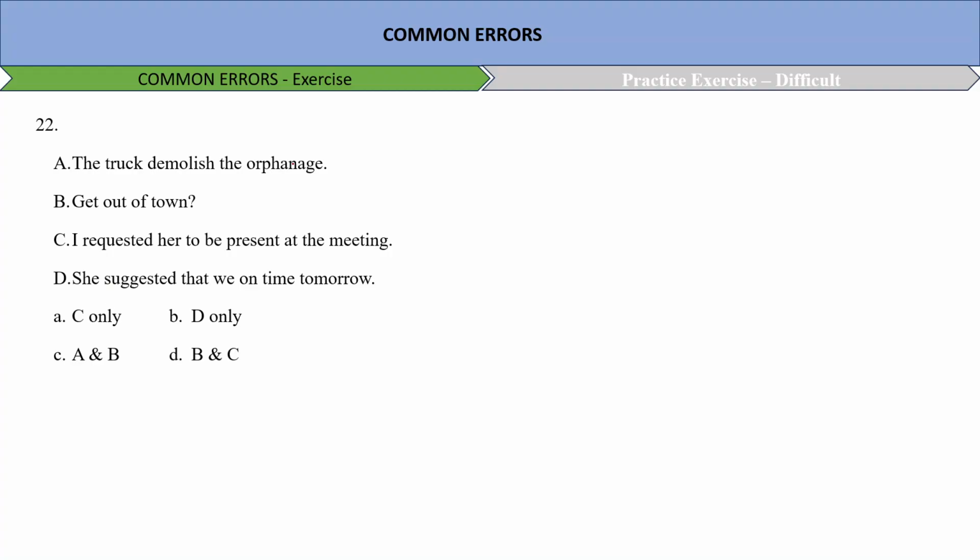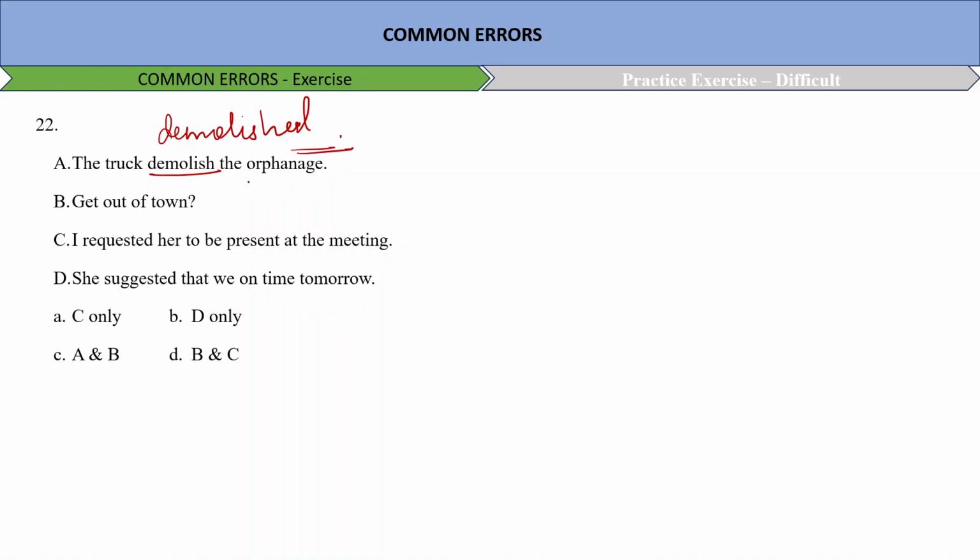The truck demolished the orphanage. Get out of town. I requested her to be present at the meeting. She suggested that we be on time tomorrow. Very simple ones, isn't it?